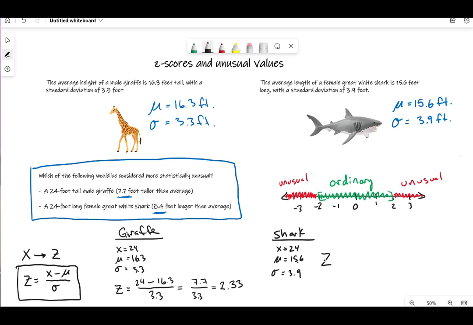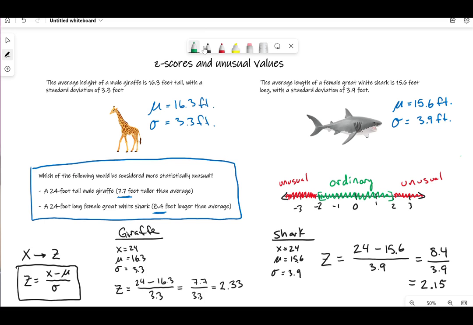So the z-score for the 24-foot long shark would be x minus the mean divided by the standard deviation, which is 3.9. On top, 24 minus 15.6 will give us 8.4. Divide by 3.9, and you could pop that into a calculator, and you will get about 2.15.